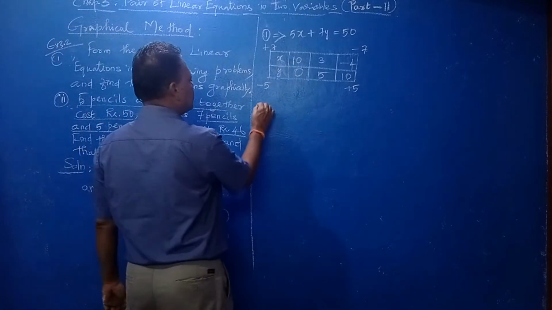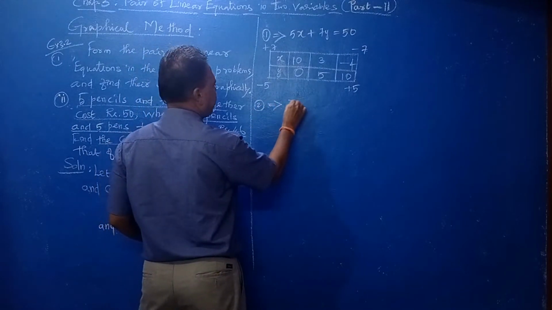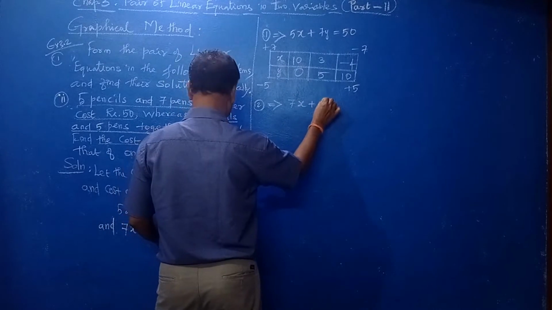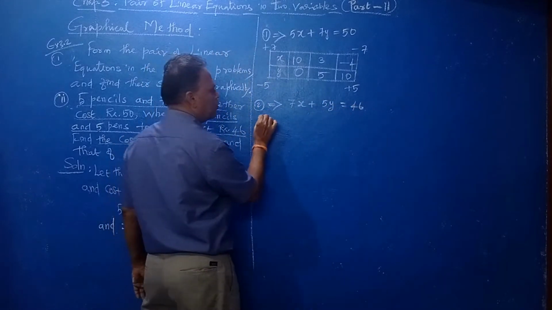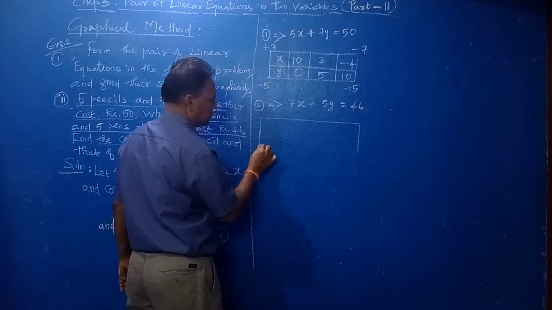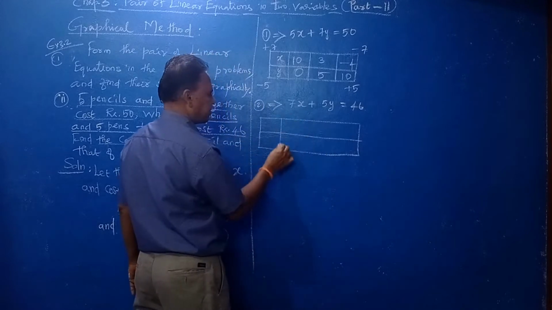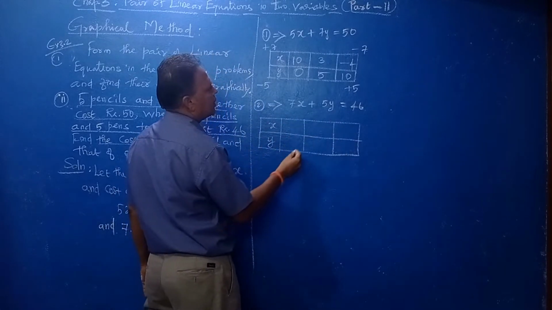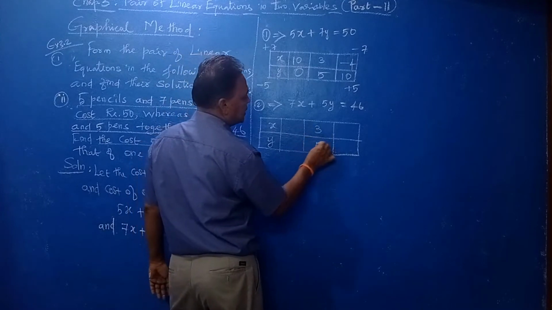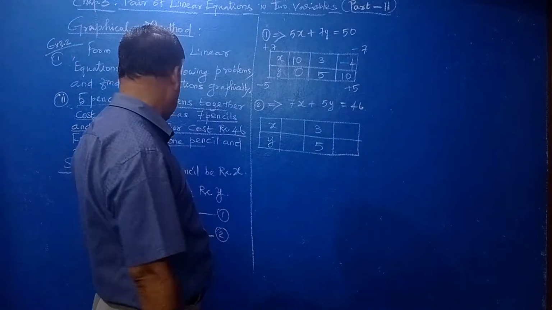Now the second equation you take. Same way do. Same 3, 5 you write. That is, 3, 5 is the sure solution. You can do it by using the elimination method also.